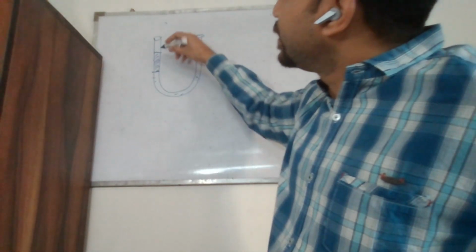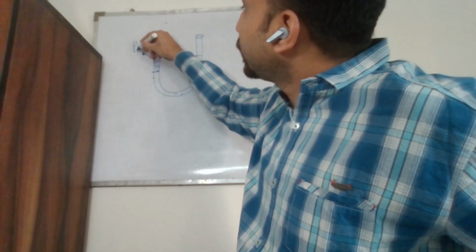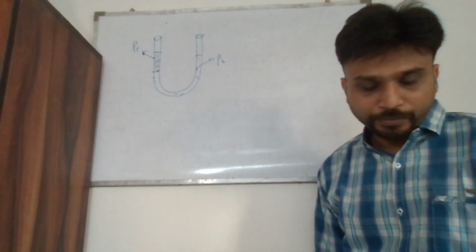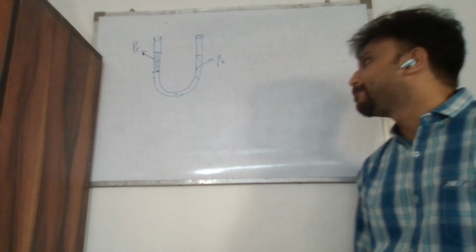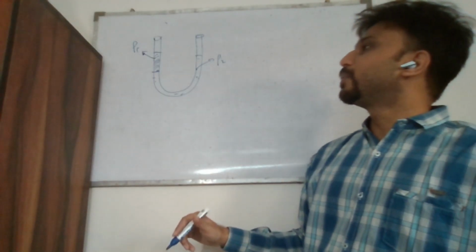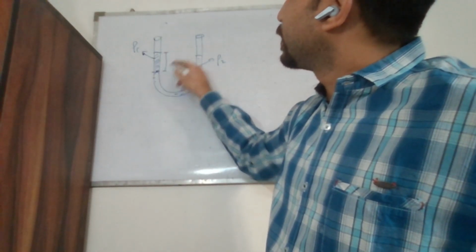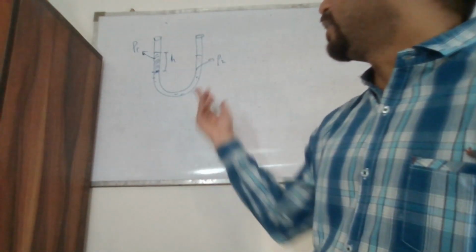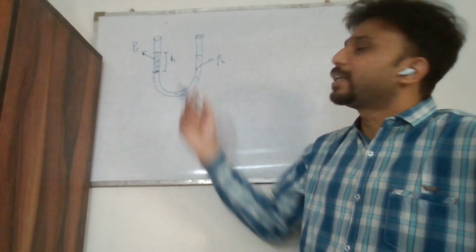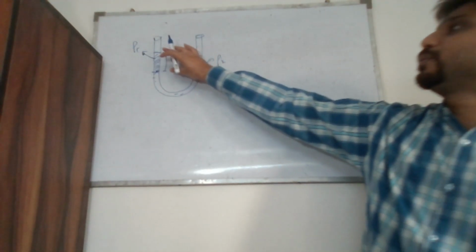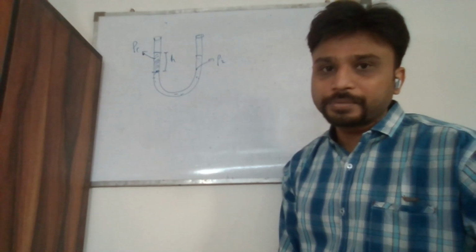Then we say that the density of this fluid is some rho 1 and the density of this fluid is some rho 2. What is the net height of one of the fluids? Let's say this fluid is poured up till a height h. By that we mean this length of the fluid is poured in this particular section.